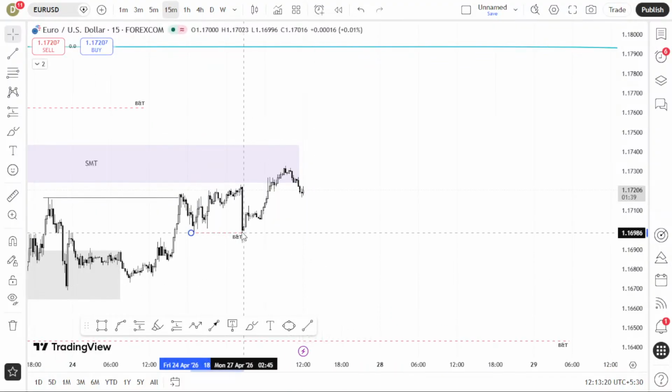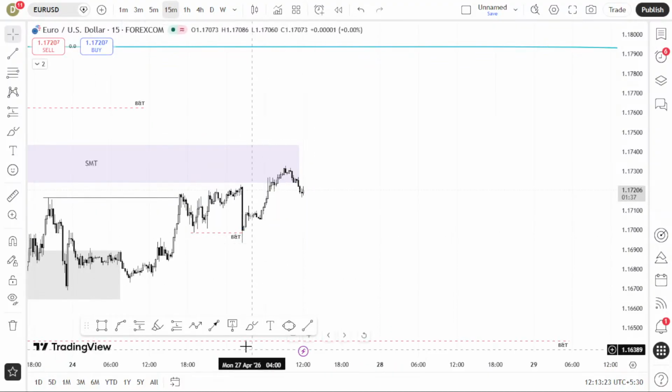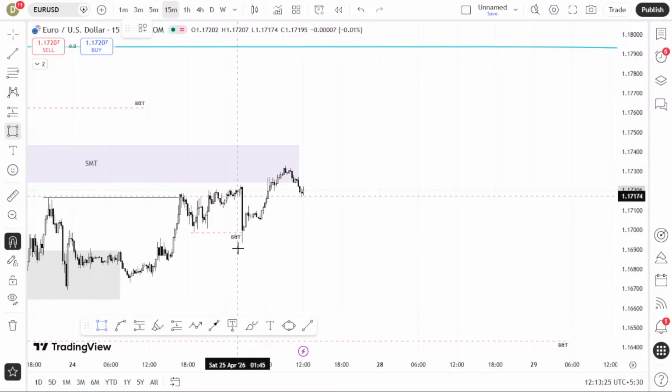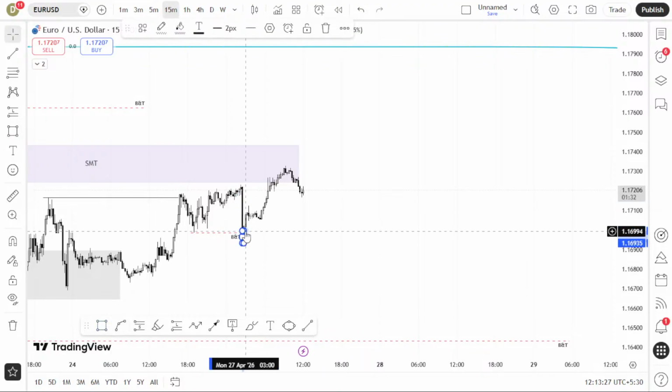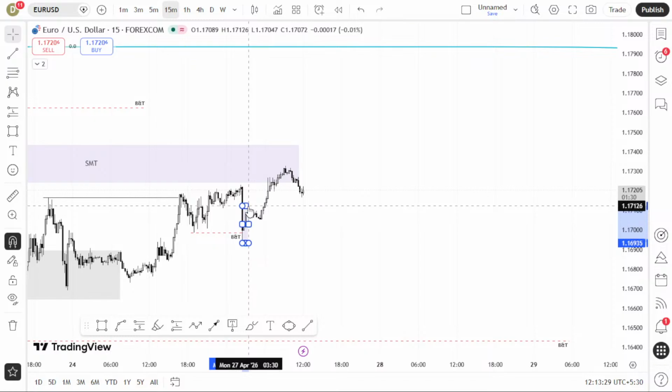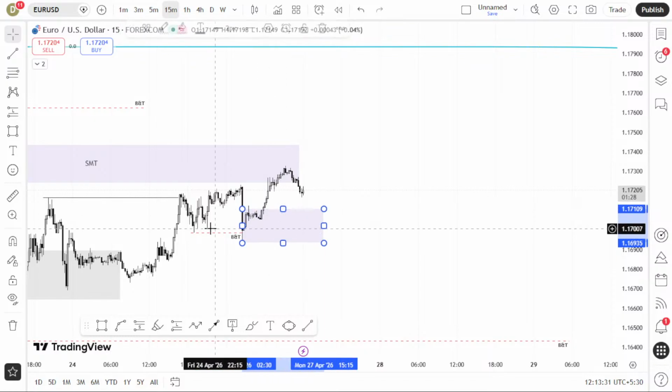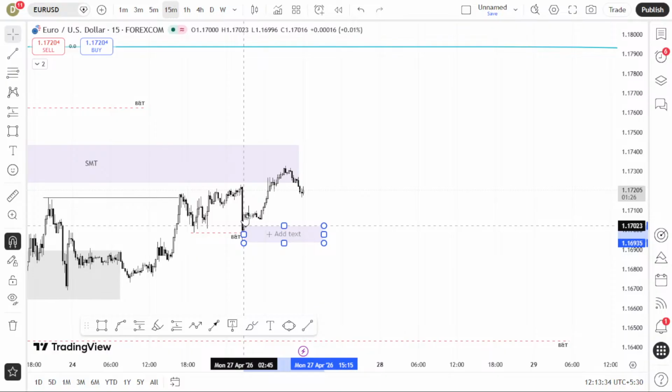Even though I am bearish for the higher context, the 15-minute, my bias for this week is bearish.